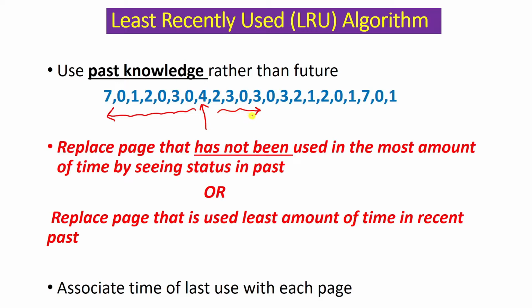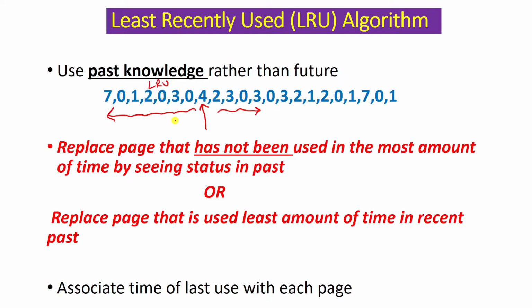So LRU checks in the past, and it replaces that page which in the recent past has not been used for the most amount of time. So in the recent past, the page that has been used the least should be replaced in the LRU page replacement algorithm. This we have already seen in the previous video.